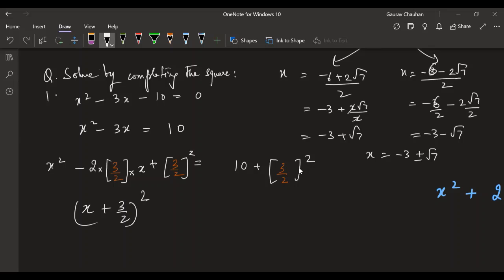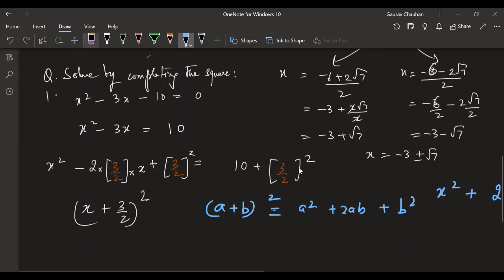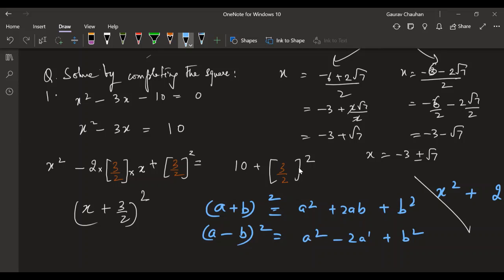Her mistake is she is forgetting that there are two identities. A plus b whole square is equal to a square plus b square plus 2ab. And a minus b whole square is equal to a square plus b square minus 2ab.